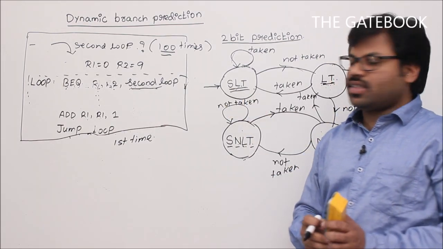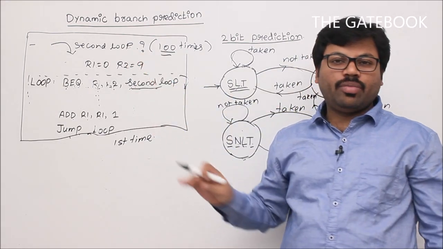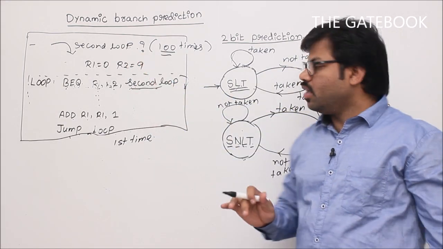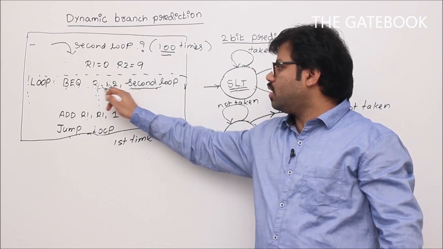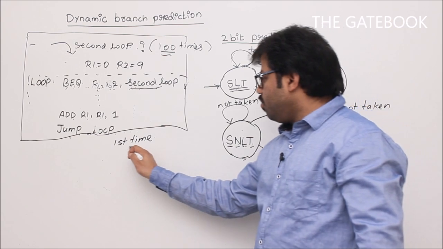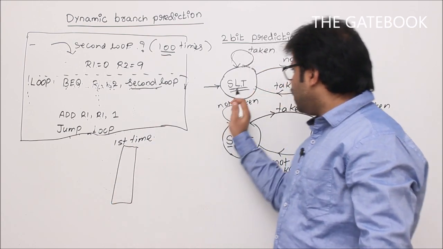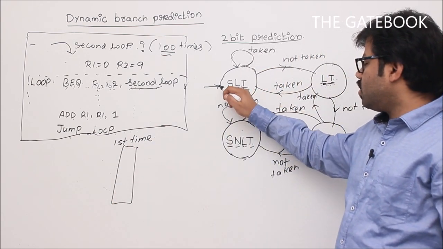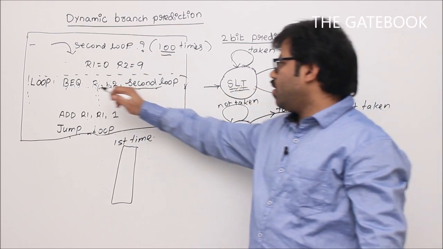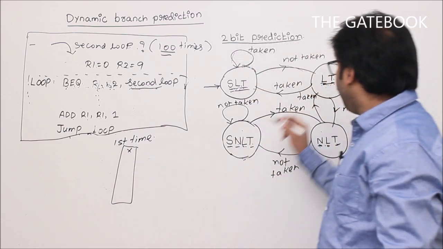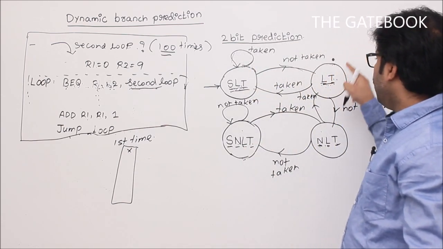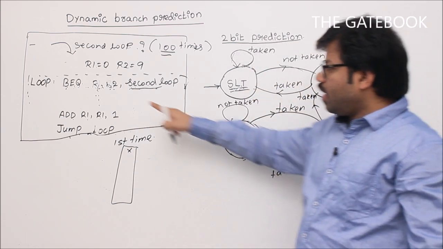You are assuming that the loop is going to be strongly likely to be taken. If that is the opinion, then is it right? You're wrong. Try to understand. The first time, your prediction becomes wrong, because your prediction is strongly likely to be taken, but branch is not taken. Then your prediction is wrong. Now you will come to this point. Now when you are at this point, the second time also, what happened?